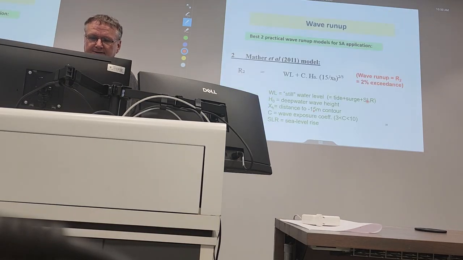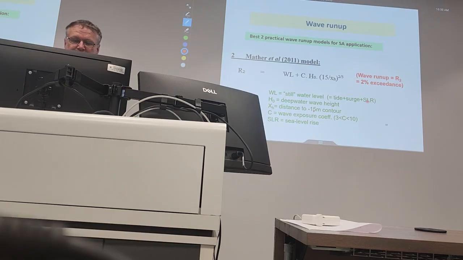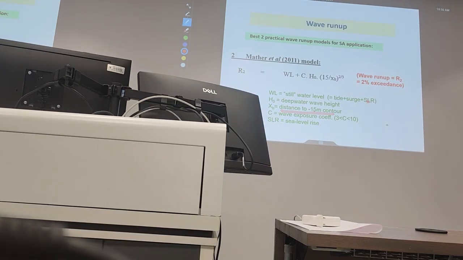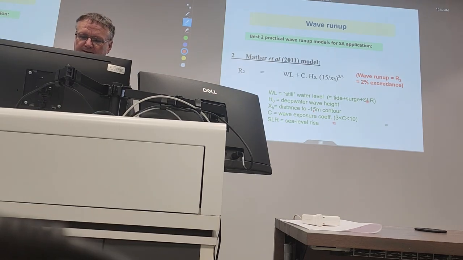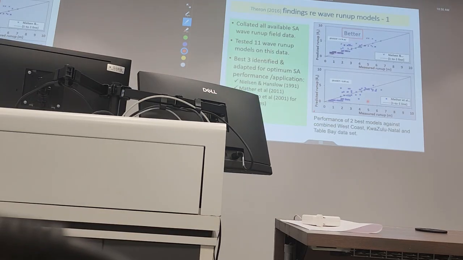So basically that's the WL plus C plus H0 times 15 divided by XHS, and XHS is the distance to your minus 15 meter contour. So that's also an approximation, and your C value is something between 3 and 10, so somewhere you have to get that or get an estimation of that, and that basically will come to what can normally be used.